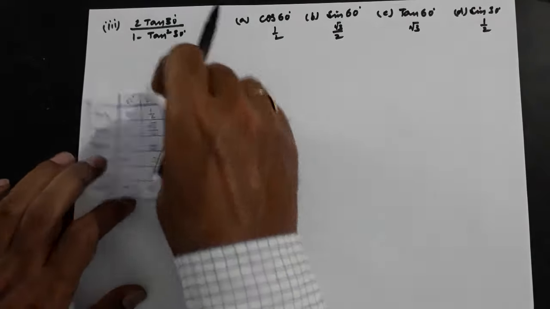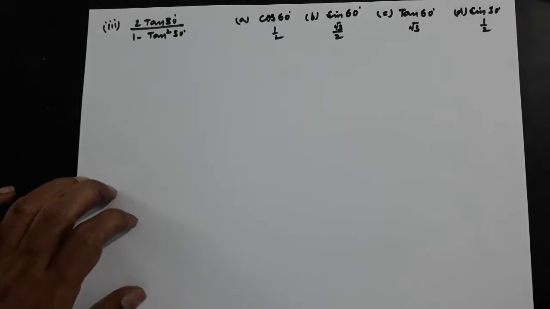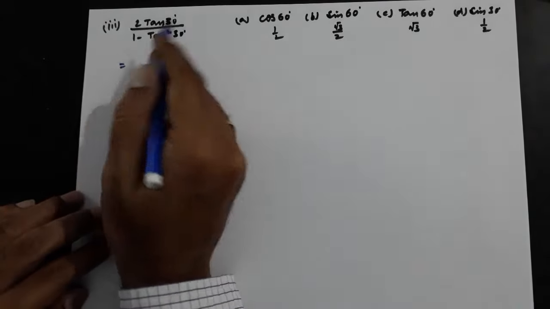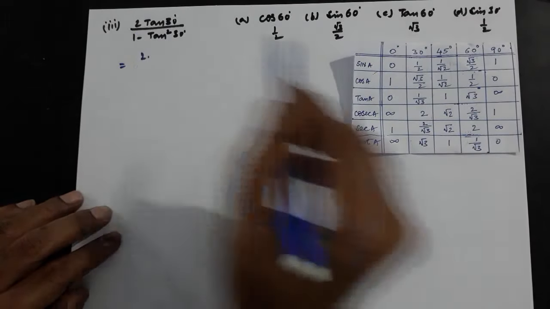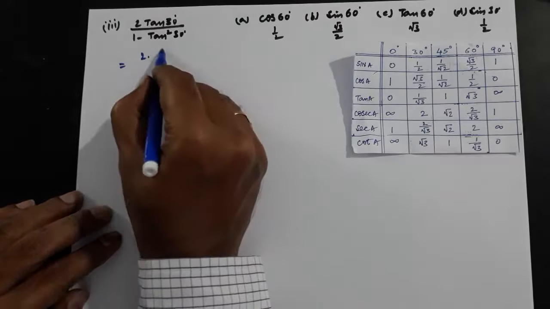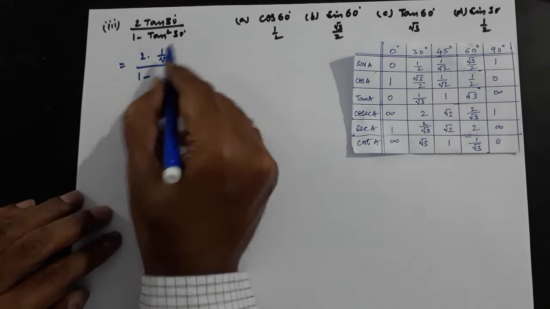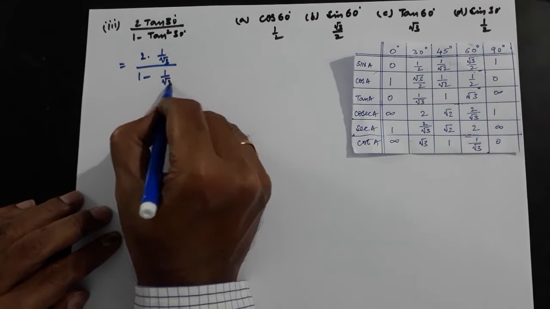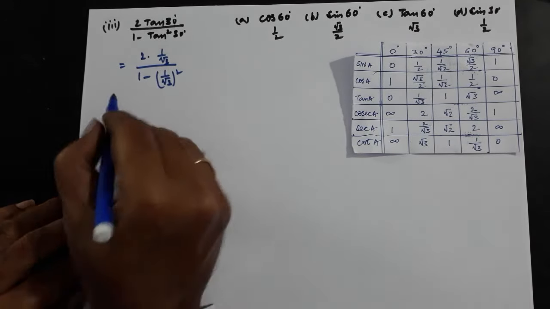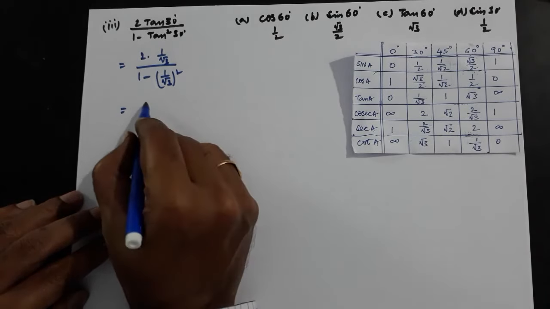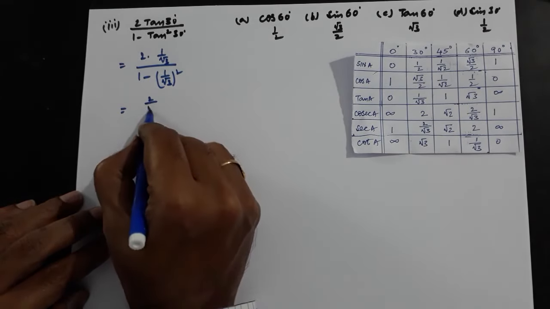Okay. So let's see. Again we need 2 into tan 30. Tan 30 is 1 by root 3, divided by 1 minus tan 30, 1 by root 3 square. On the numerator we have 2 ones are 2 by root 3.